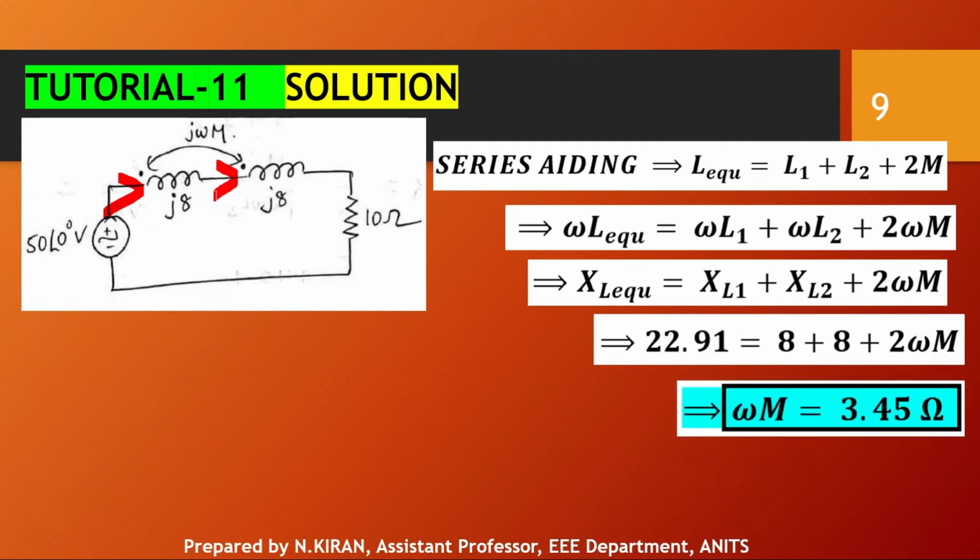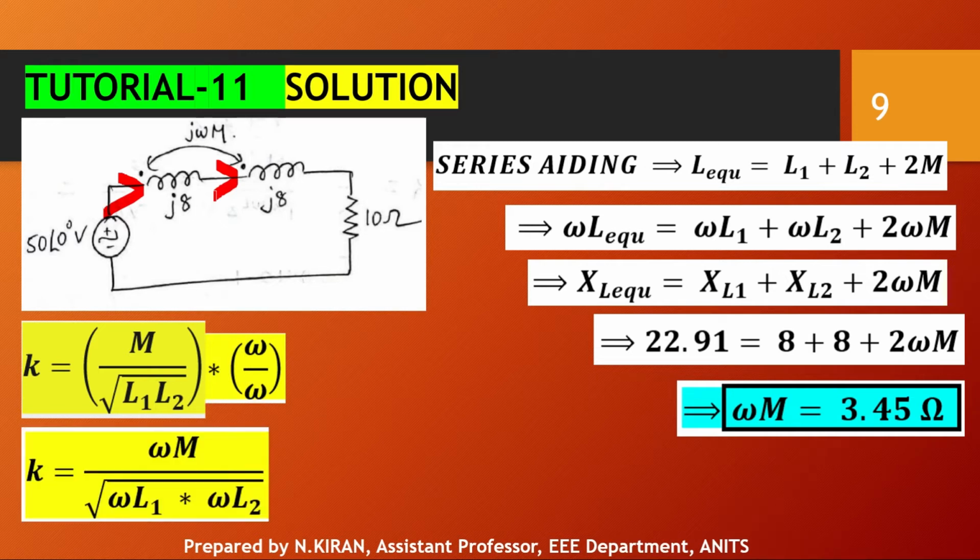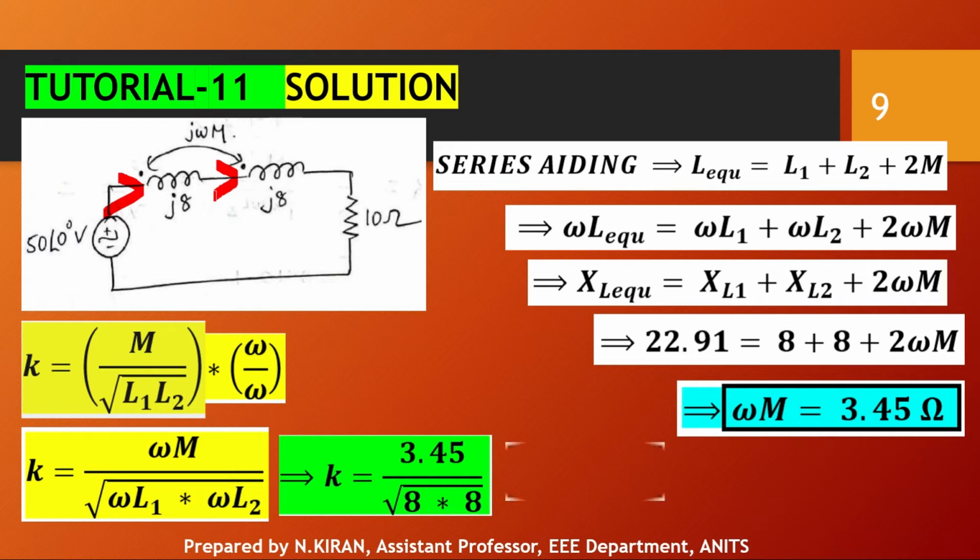From that, omega M is 3.45 ohms. We all know the relation between K, L1, L2 and M. K is equal to M by root over L1 into L2. Multiplying and dividing by omega, K will be omega M by root over omega L1 into omega L2. Omega M is 3.45, omega L1 and omega L2 are 8 respectively. And the coefficient of coupling will be 0.43.